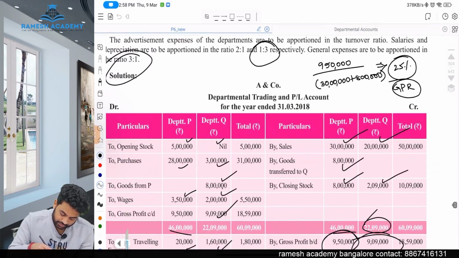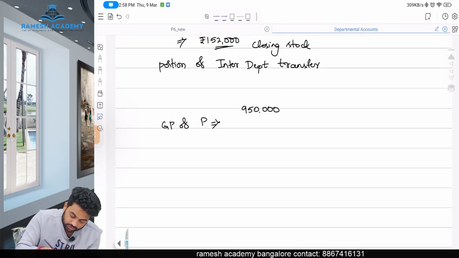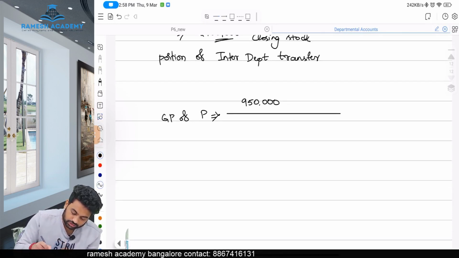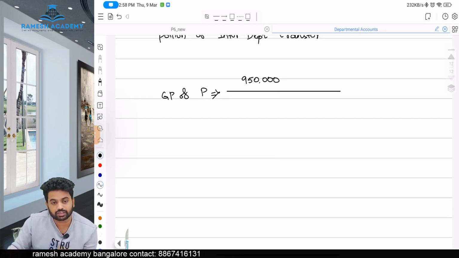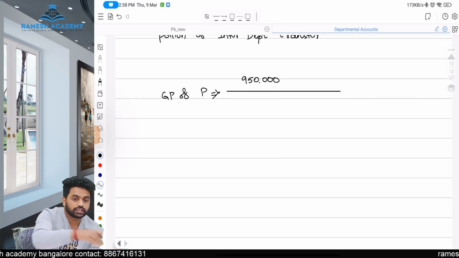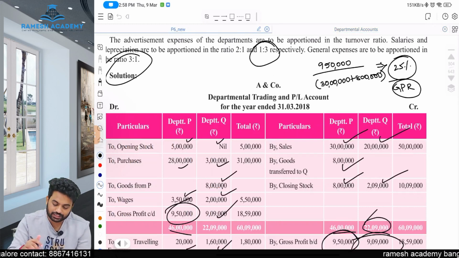It is 9,50,000. Now, has this gross profit arisen only after selling goods to the customer? No, because even for other departments you are sending at selling price only, so you are treating them like an outside customer. That also should be considered as sales only.